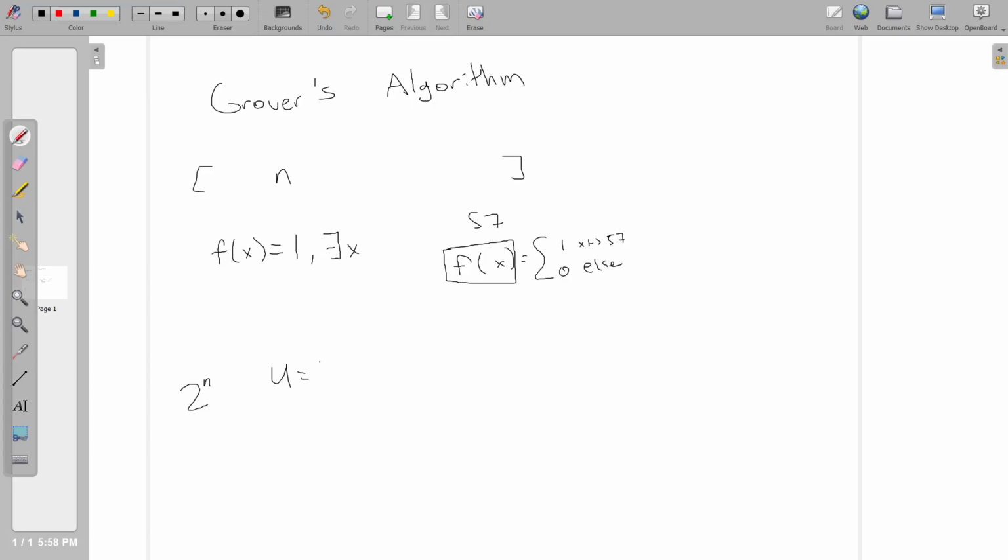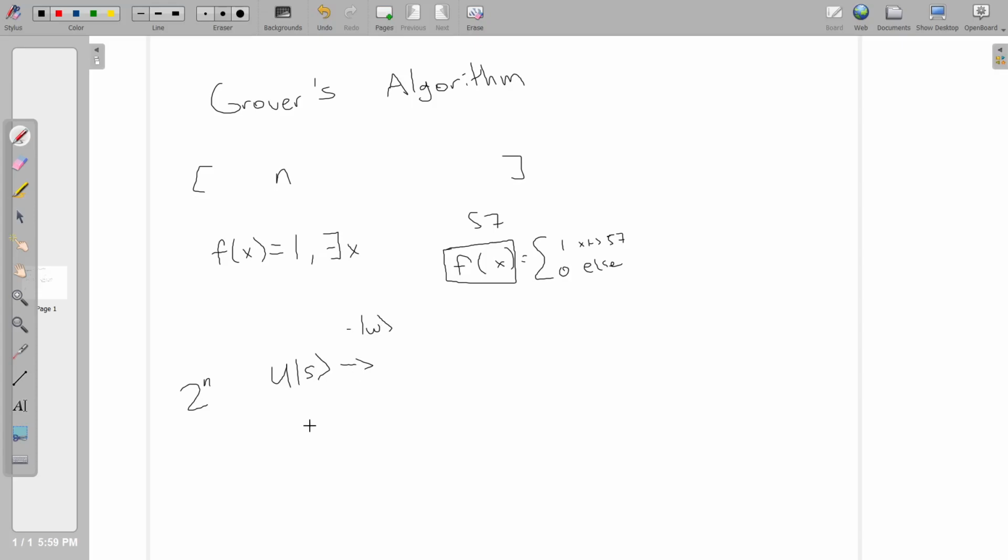It maps the superposition state, which is denoted S here, an equal superposition of however many n qubits you have, to the equal superposition of states, where the correct answer, which is denoted as w or omega, depending on how you write it, is denoted with a negative sign.